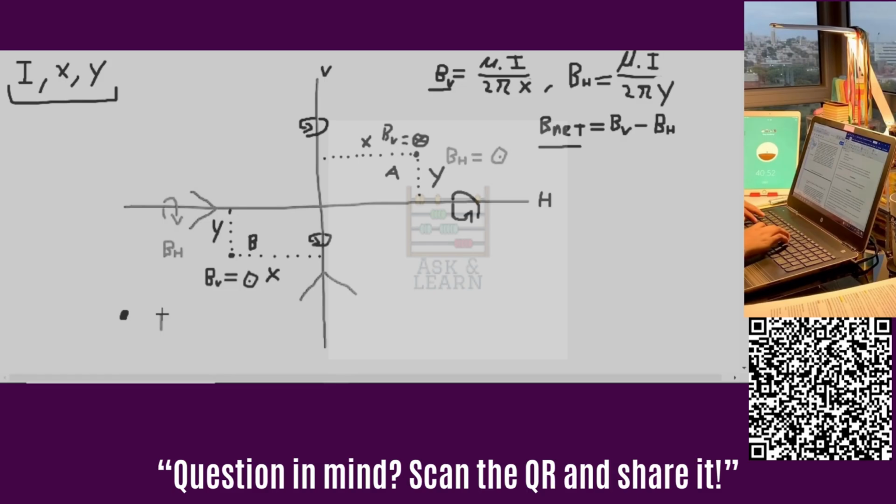It doesn't matter, as long as you remember which direction you defined as positive and which direction you defined as negative. And this will give you your net magnetic field. And there you have it.